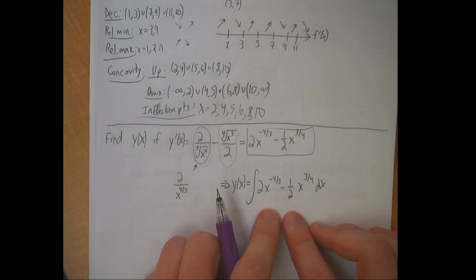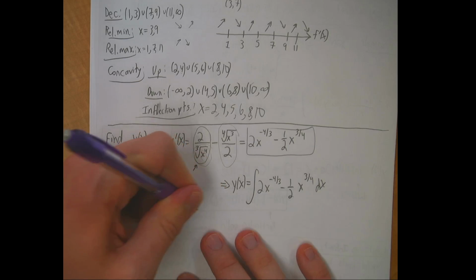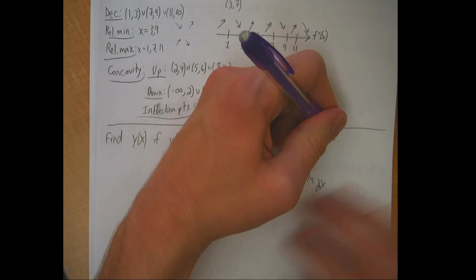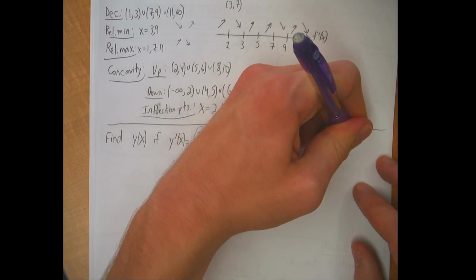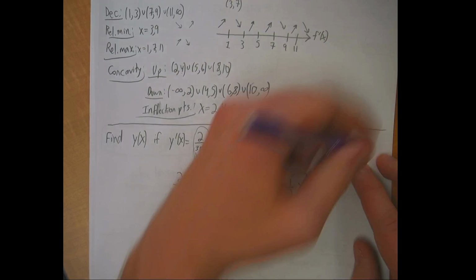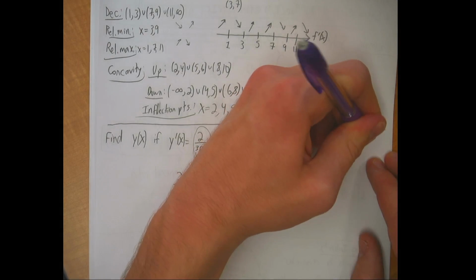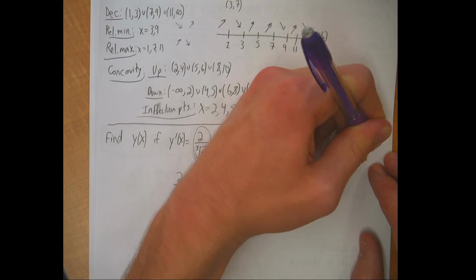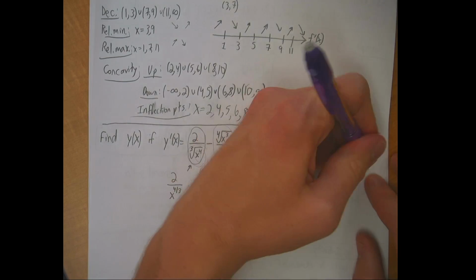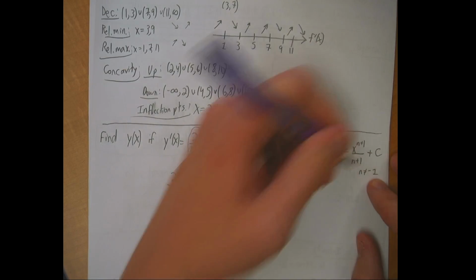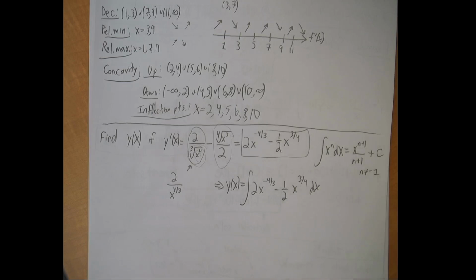If you recall, the antiderivative power rule says that the antiderivative of x to the n dx is equal to x to the n plus 1 over n plus 1, plus c, for n not equal to negative 1. Okay? So that's the antiderivative power rule.